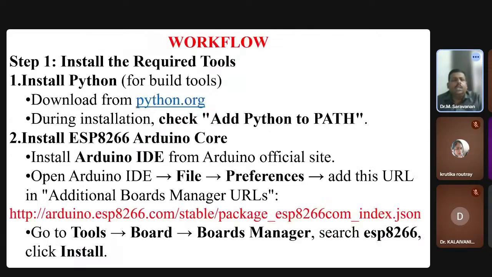Okay. So the workflow, how this work will be, a step-by-step procedure. This is what is required. First installation: Python is required. For additional components, not necessary, depending upon the program type and what additional components and applications you are going to use with that, these will be helpful.